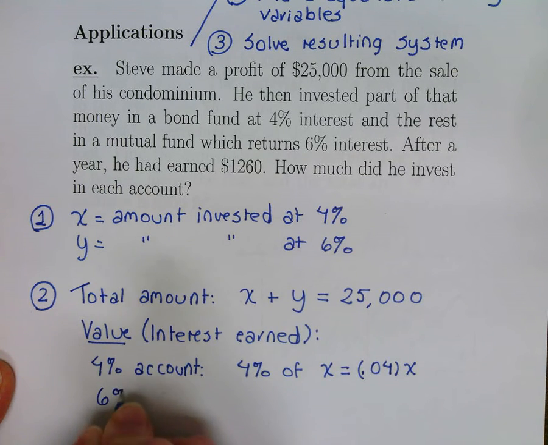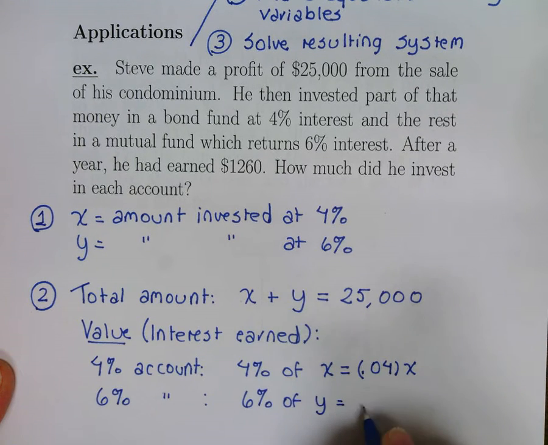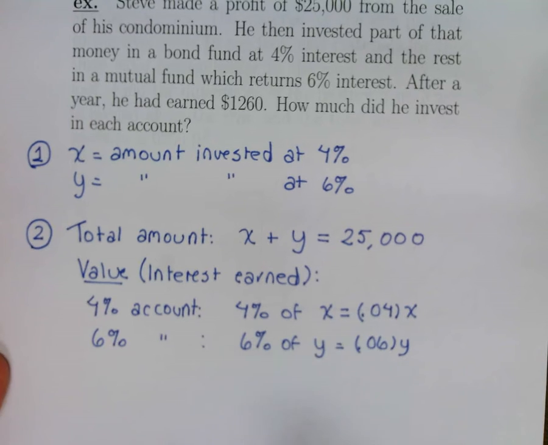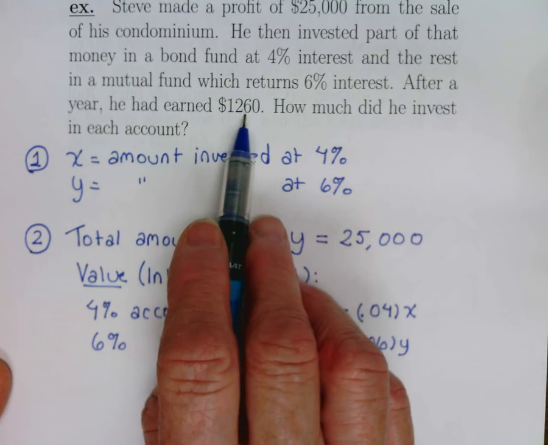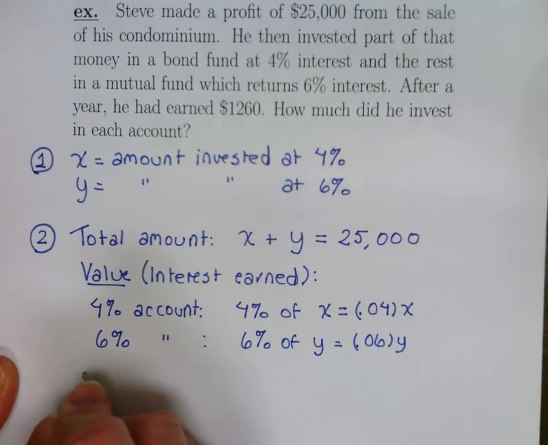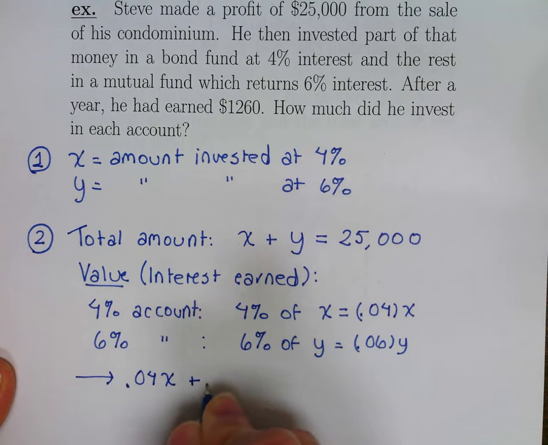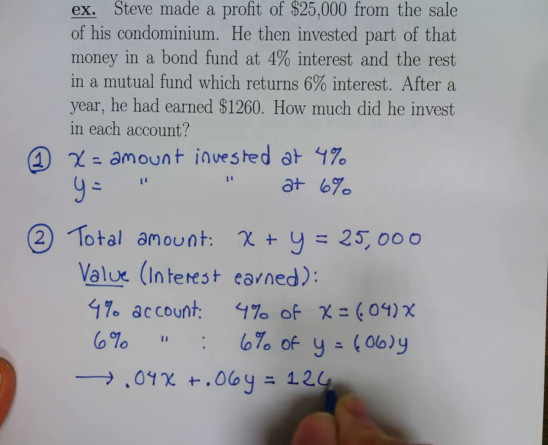In the account that earns 6%, it's 6% of Y, because that's how much he invested in that account. And what do I know about that? I know that at the end of the year, from that interest, he earned $1,260. So 0.04x plus 0.06y equals $1,260.